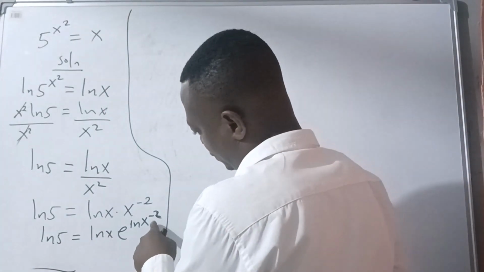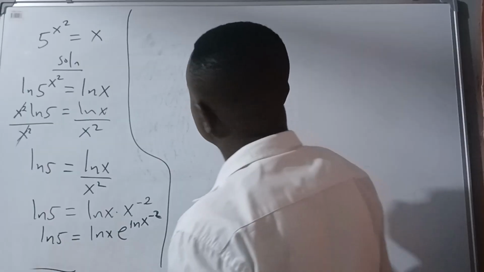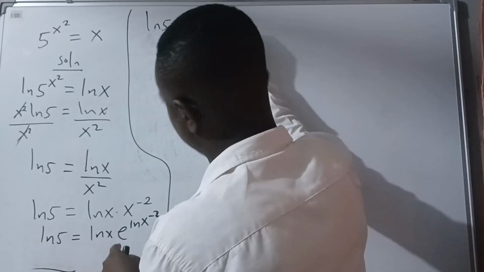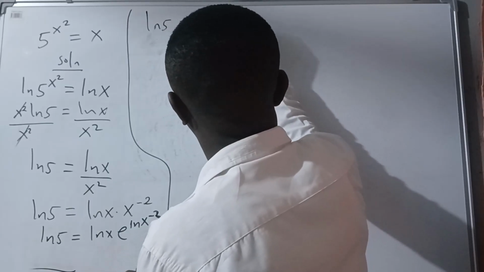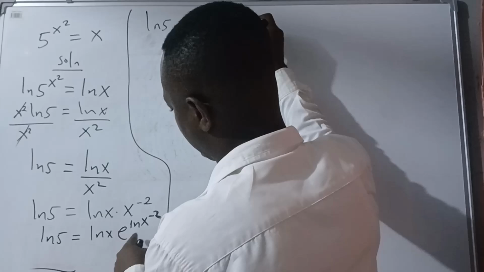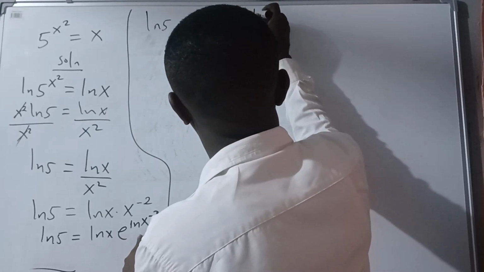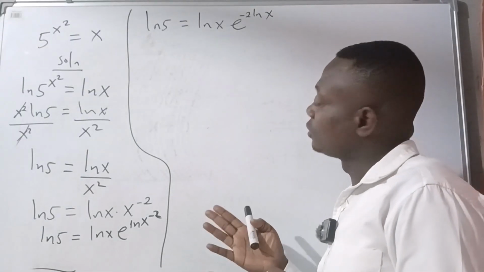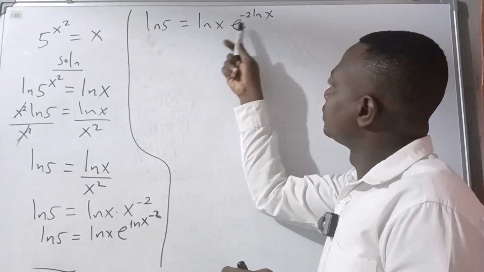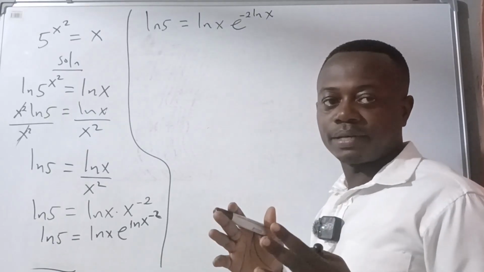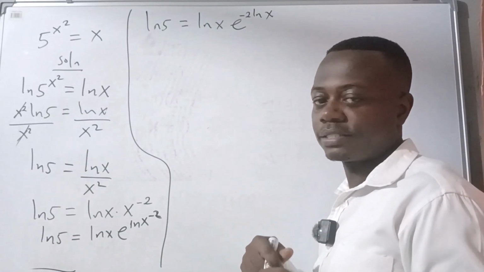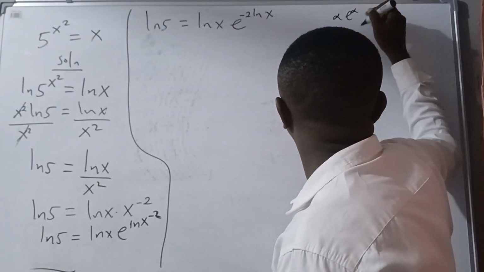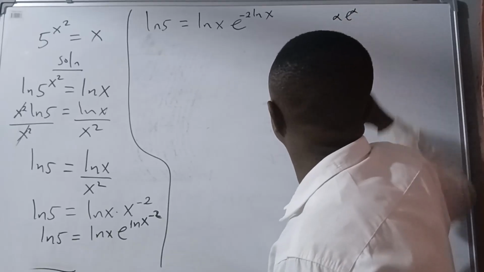Now this is a power rule to come here. So I have ln of 5 equals ln of x times e raised to minus 2 ln of x. We are working towards making what is here and what is there equal so that we can apply the Lambert W function. Remember, alpha times e raised to alpha, so this side must be the same as this.